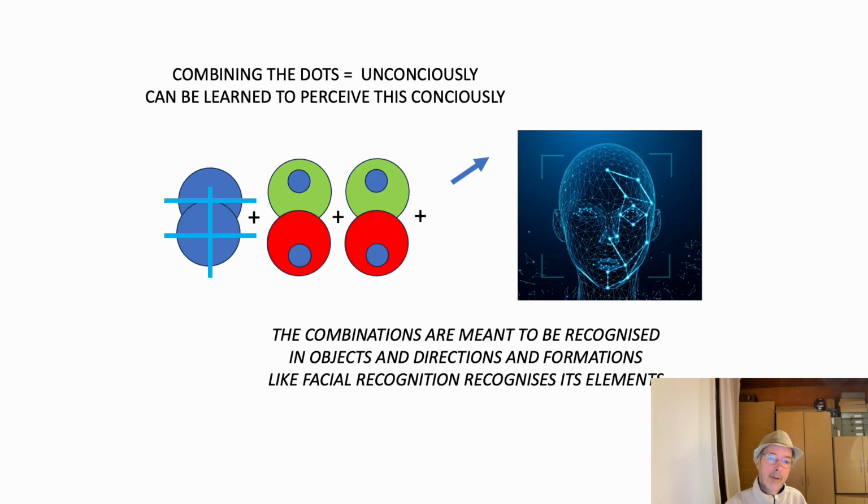But what is also important to know is this combining of the dots. Maybe in our language it is unconscious, but it takes a lot more effort to do that consciously, as I do. All these combinations are meant so that we can recognize certain patterns, and in a way they are formed in just the way facial recognition is formed, and you form these words as elements that have a certain way of hanging together.